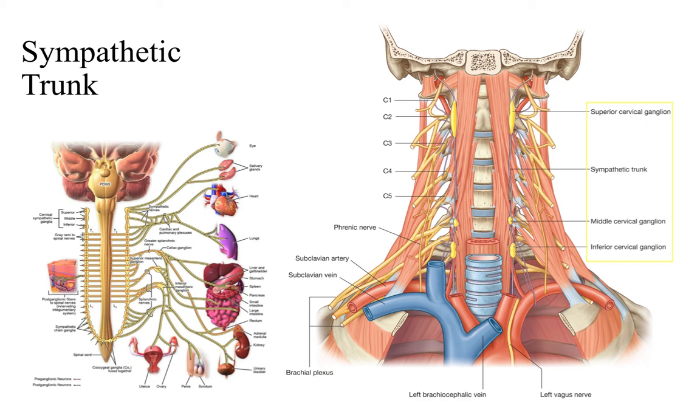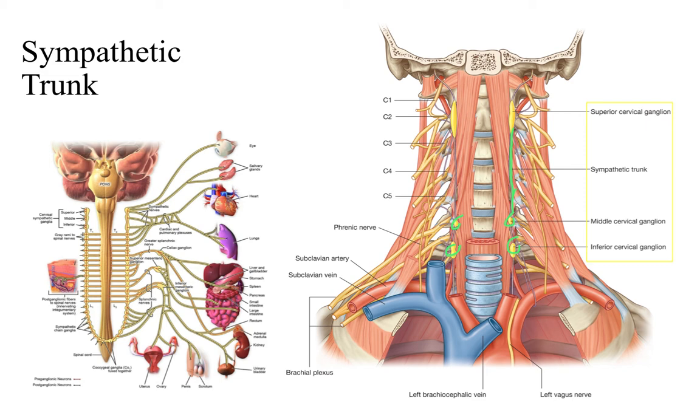If we strip away most of the organs and blood vessels and nerves that were anterior to the sympathetic trunk, and we've seen a picture like this before, we can actually see the sympathetic trunk as it's associated with the cervical vertebrae. So here would be the trunk right here, and ganglia associated with that trunk that are within the cervical region. And remember, the sympathetic trunk is involved in fight or flight responses from the autonomic nervous system.